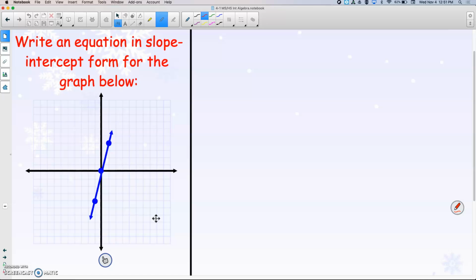Next one, same thing. So slope-intercept form, I need my slope and my intercept. Now, when there's 3 points on your graph, it doesn't really matter which one you start with. On the left, I'm going to start with the furthest to the left right here, and then I'm going to end at the origin.